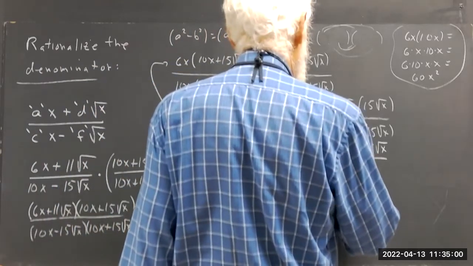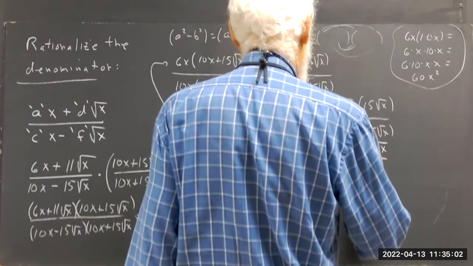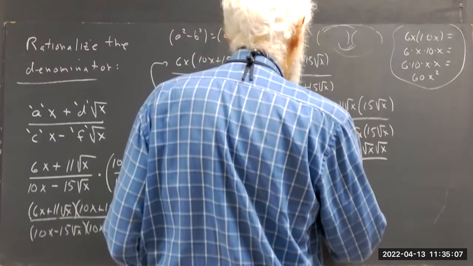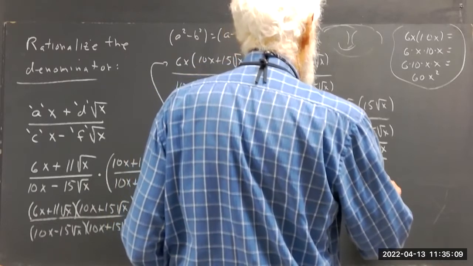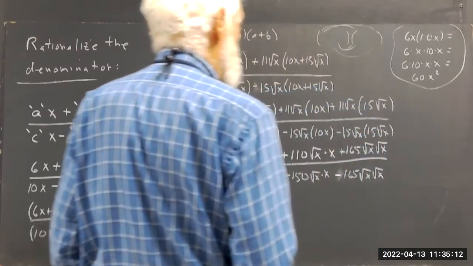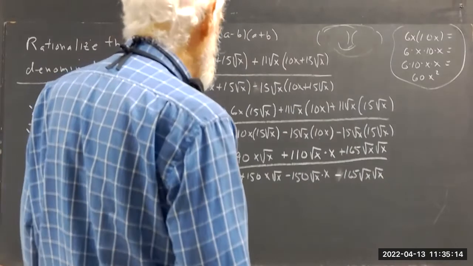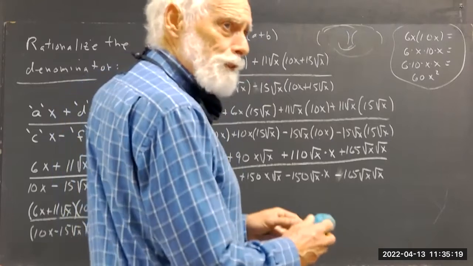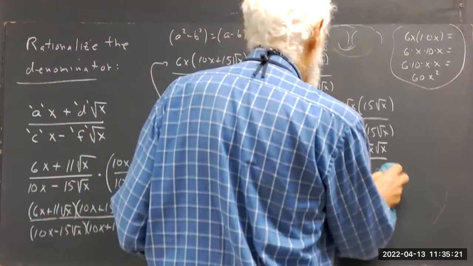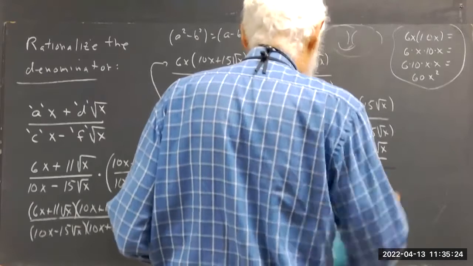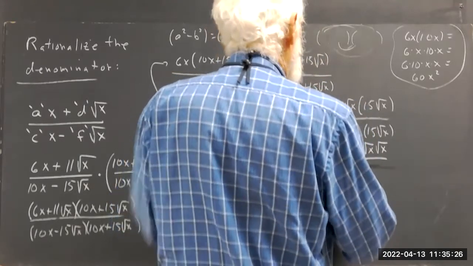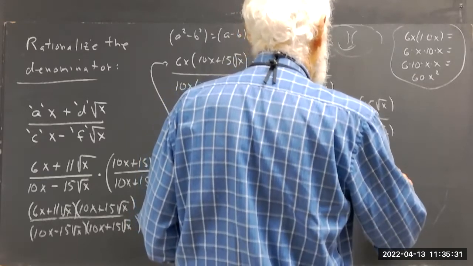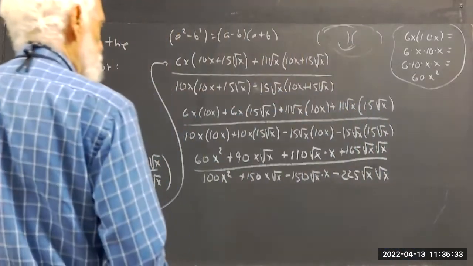And then it's minus 165 square root of x times the square root of x. And it's not 165, 15 times 15 is 225, and everybody knows that. Not me, apparently. Okay, let me write it out correctly. 15 times 15, 225, and square root of x times square root of x.